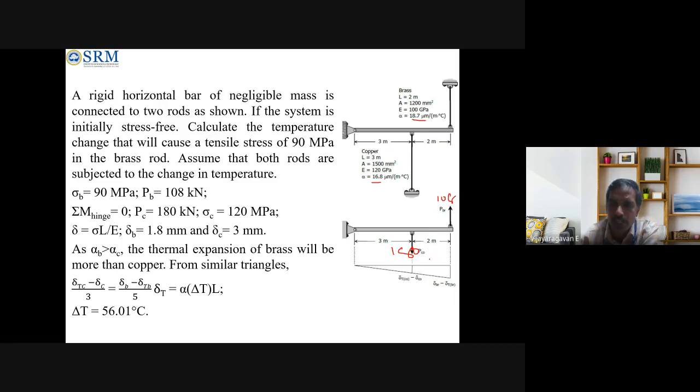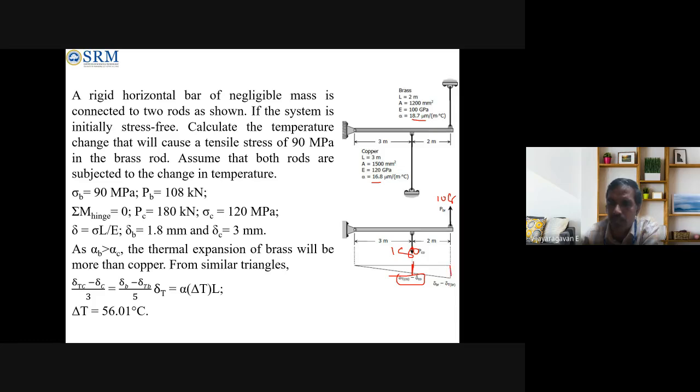So the net effect: the deflection here is given by thermal expansion of copper minus normal expansion of copper, that is, thermal load minus mechanical load. But for the extreme end, brass mechanical expansion minus thermal expansion.